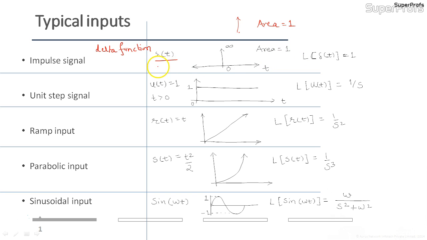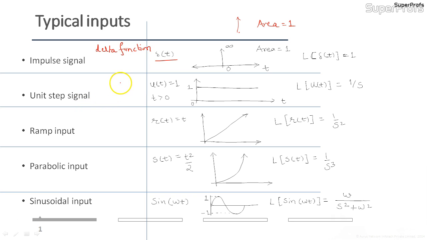We call that function a delta function. The Laplace transform of a delta function is equal to 1. This is a very unique property of a delta function.